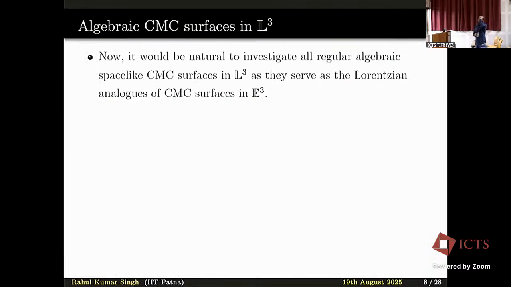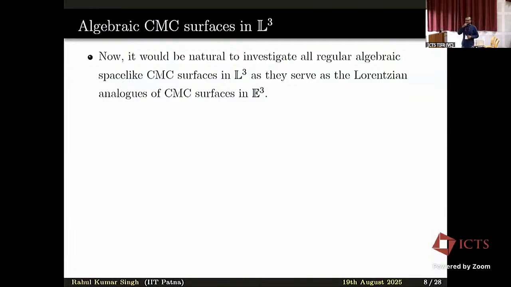Okay. So now let's come to the objects which I am going to focus on. We are going to focus on space-like CMC surfaces of revolution in L3.